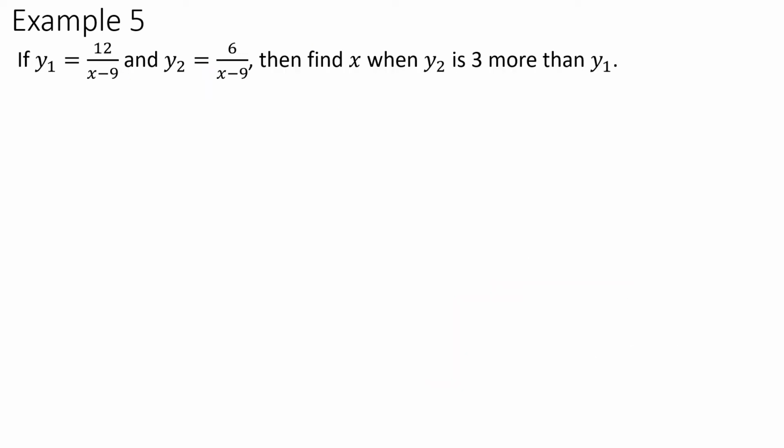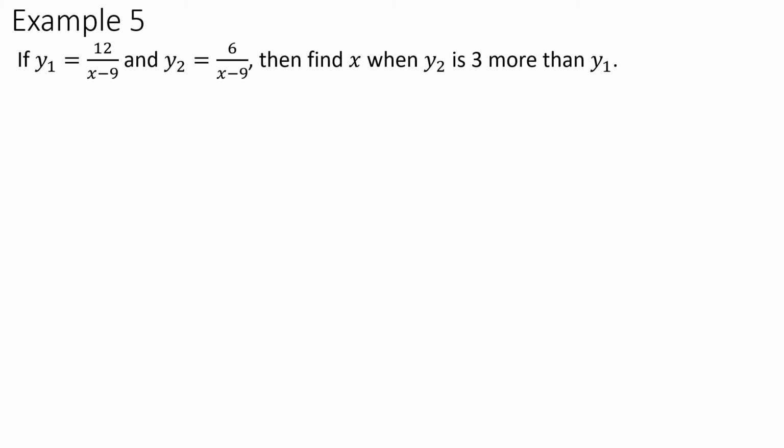Example 5. If y1 equals 12 divided by the quantity x minus 9 and y2 equals 6 divided by the quantity x minus 9, then find x when y2 is 3 more than y1. So we have to do a little bit of work to set this up first.